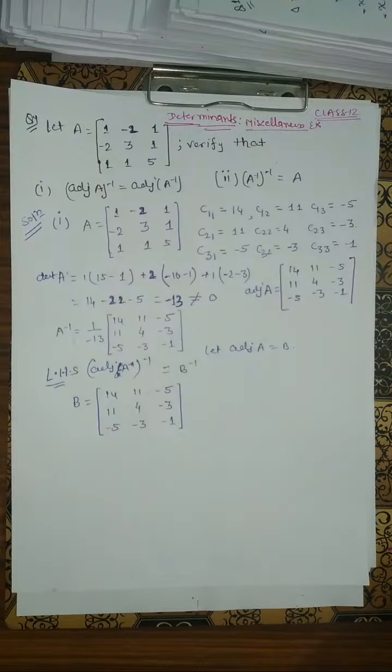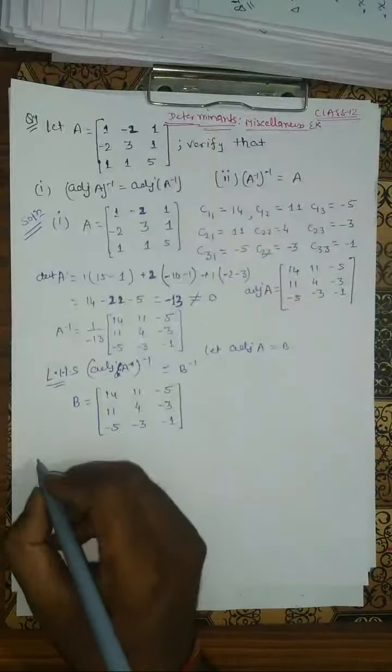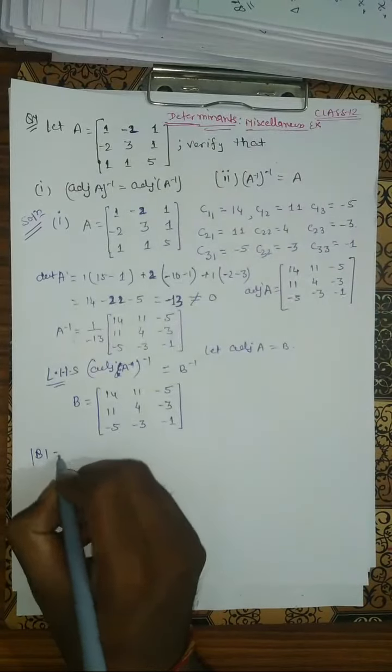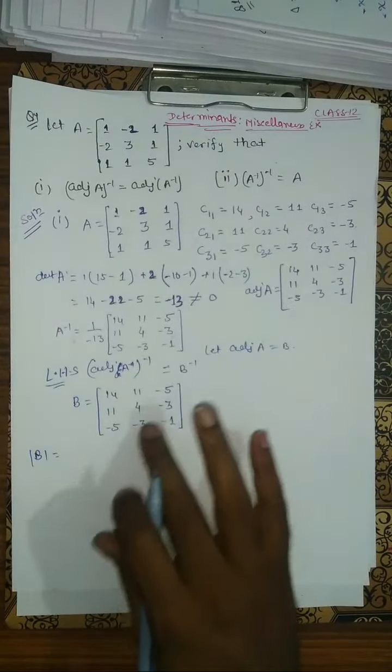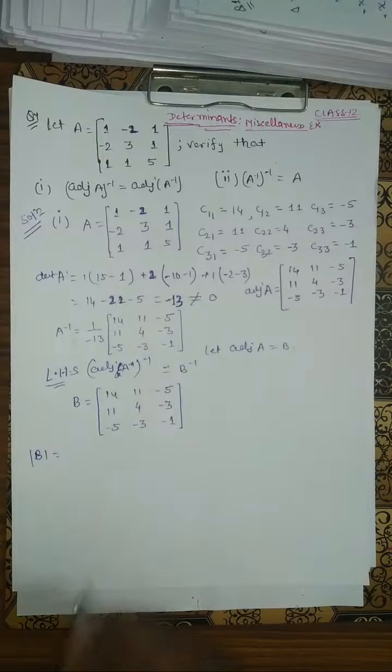So now we first calculate determinant of B. So बच्चों -4 minus minus plus 9 is 5.